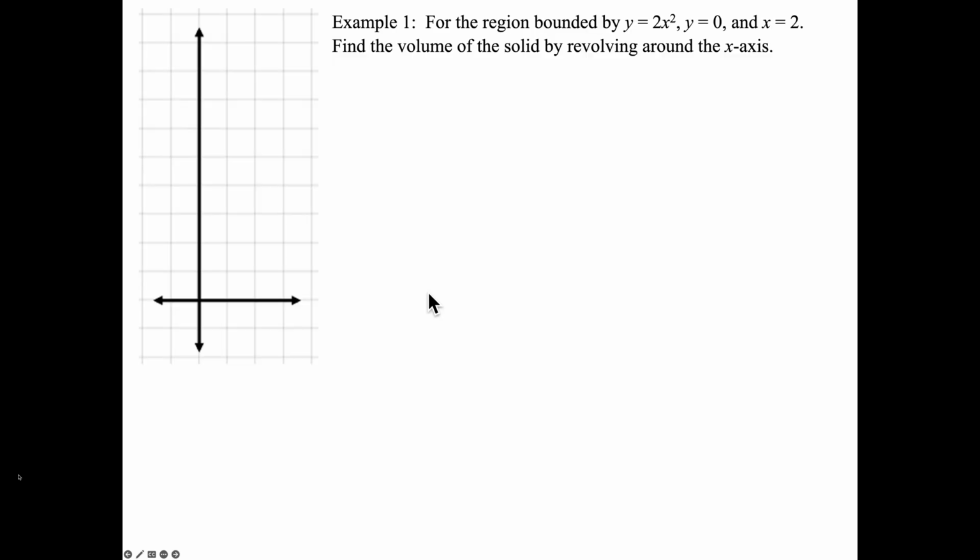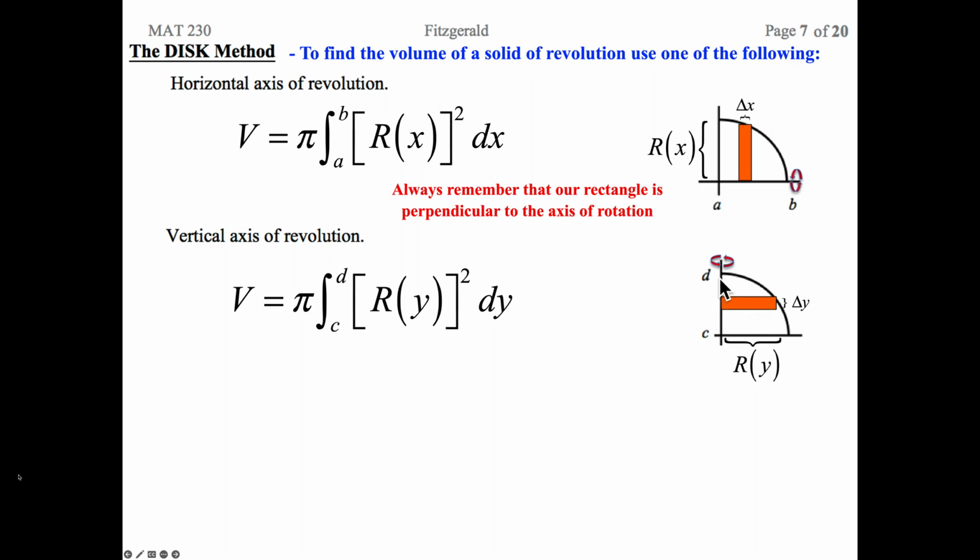So here, if we revolve it around the y-axis, now it's R of y. I have a horizontal reference rectangle with width delta y, and we'll integrate along the y-axis from c to d.